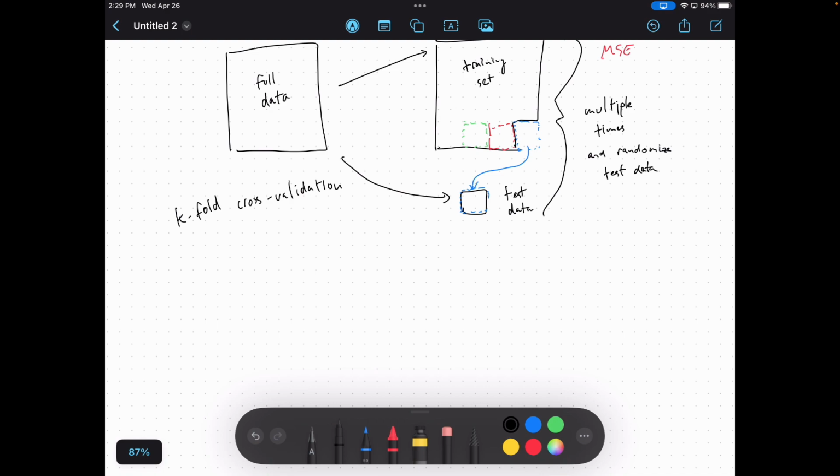Let's say I have x1, x2, x3, and I want to test whether or not y equals beta 1 x1 plus beta 2 x2.